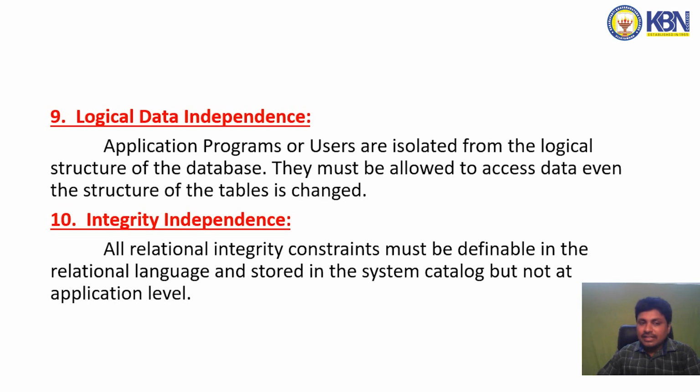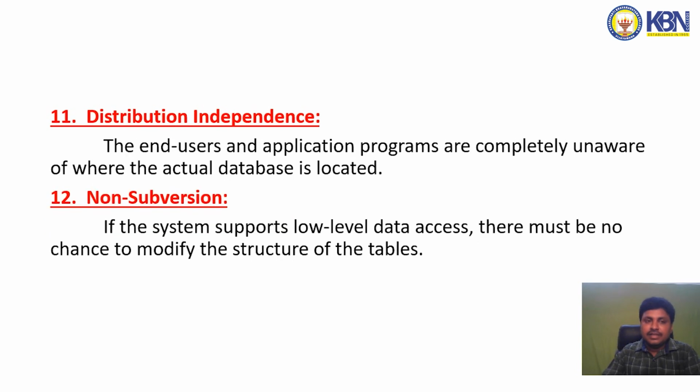What about the next one, integrity independence. The relational integrity constraints must be definable in the relational language and stored in the catalog, not at the application level. So integrity independence means we apply some type of constraints. Next we go for distribution independence.